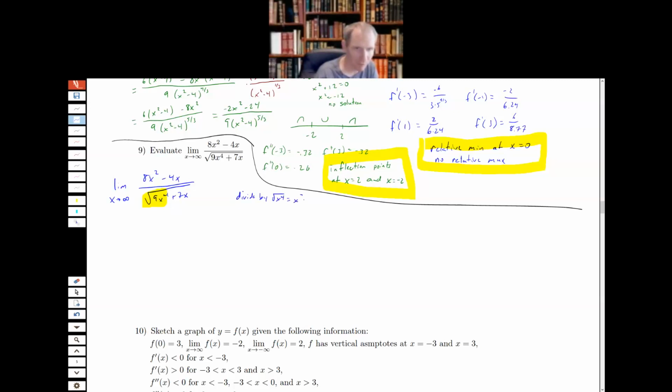And square root of x to the fourth is like an x squared. So in the numerator, I'm going to divide by x squared. In the denominator, I'm going to divide by the square root of x to the fourth. Because I already have a square root in the denominator, and so multiplying by something with a square root in it will allow those things to combine together nicely.